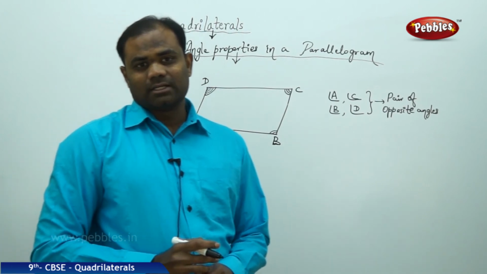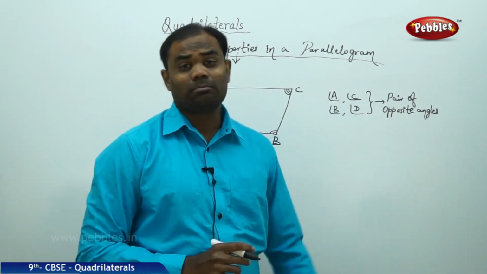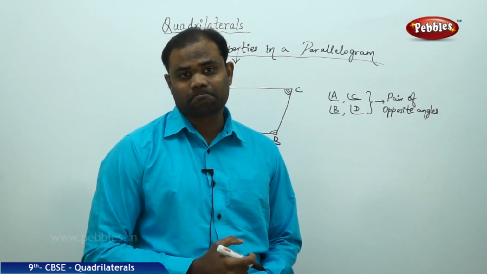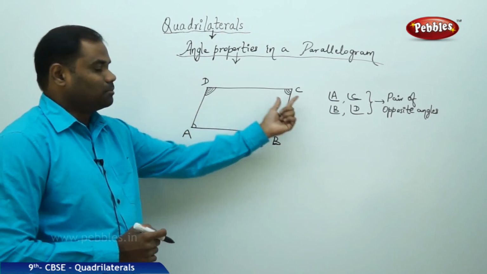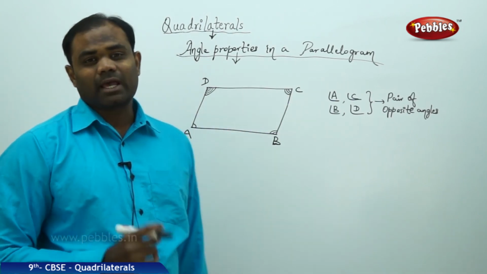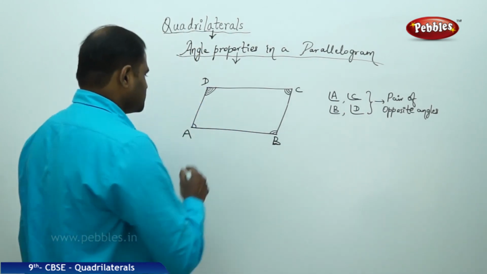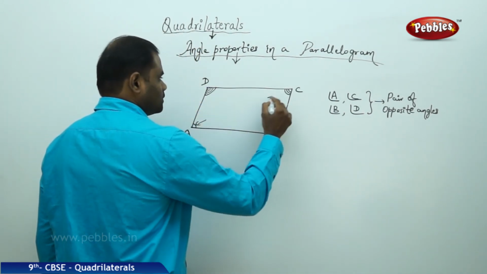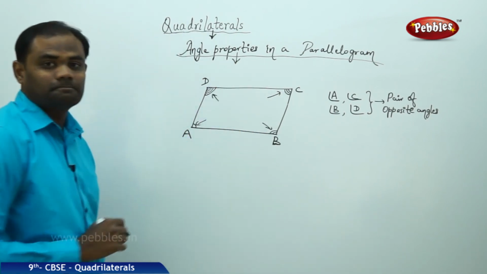So let's see in today's session the property which connects with opposite angles in a parallelogram. For a parallelogram ABCD, the property says that opposite angles of a parallelogram are always equal. That is, this equals this and this equals this.